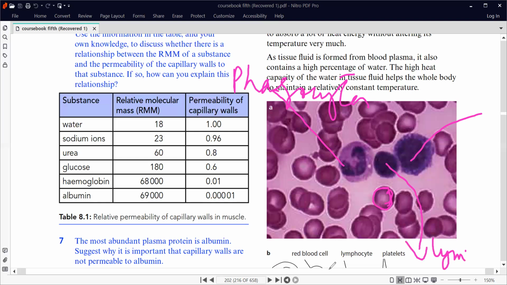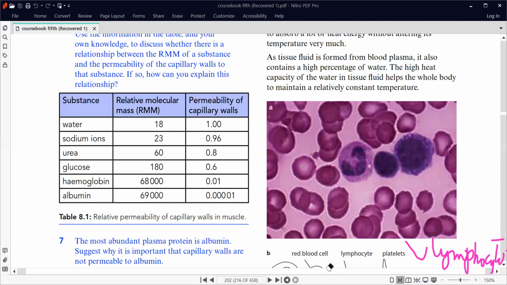So phagocytes and lymphocytes are the types of white blood cell.